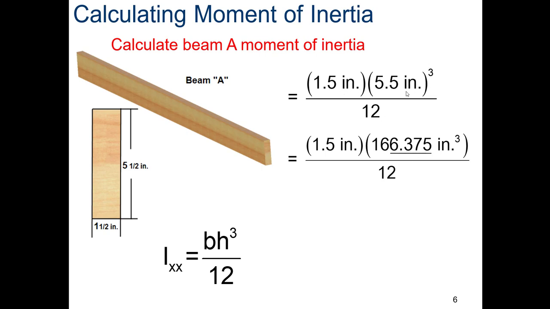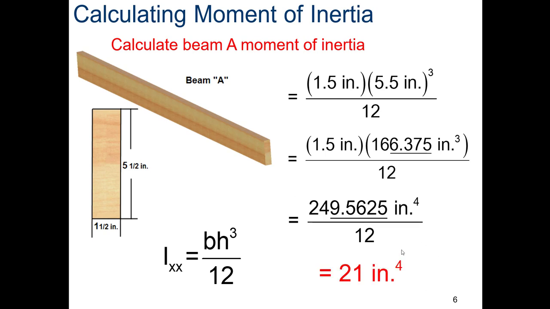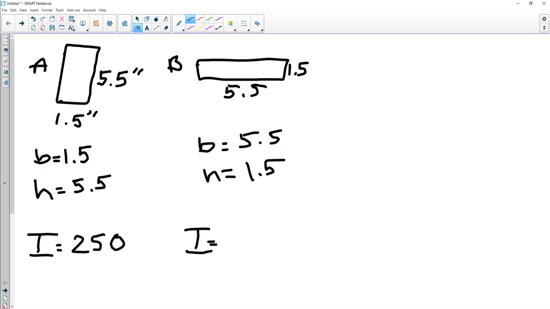So height cubed times base divided by 12. And you get a moment of inertia of about, let me back up, 21 inches to the 4th power. So sorry about that. The numerator was about 250 divided by 12, which is about 21. So let me go back. That was my mistake. Sorry about that.